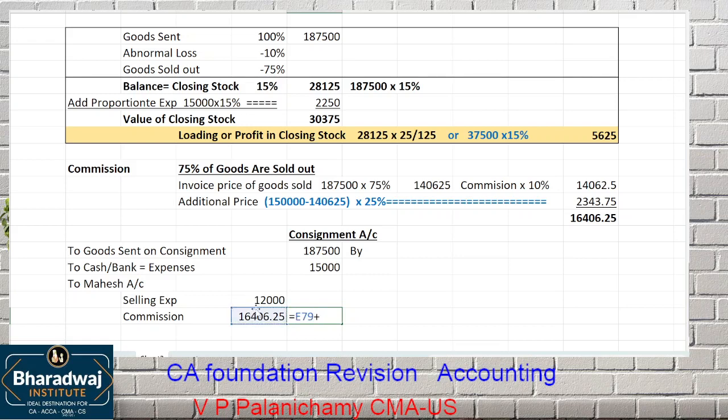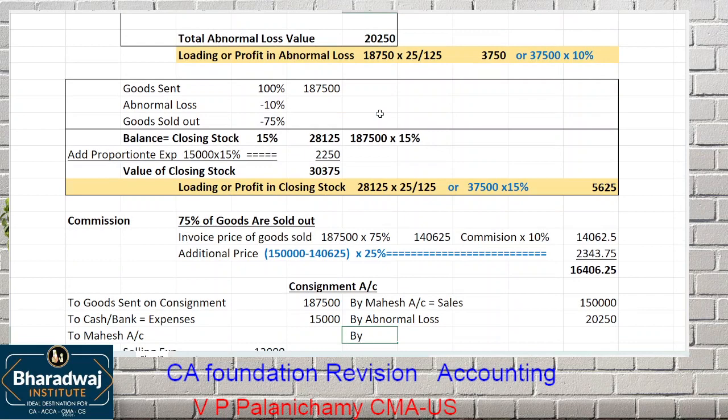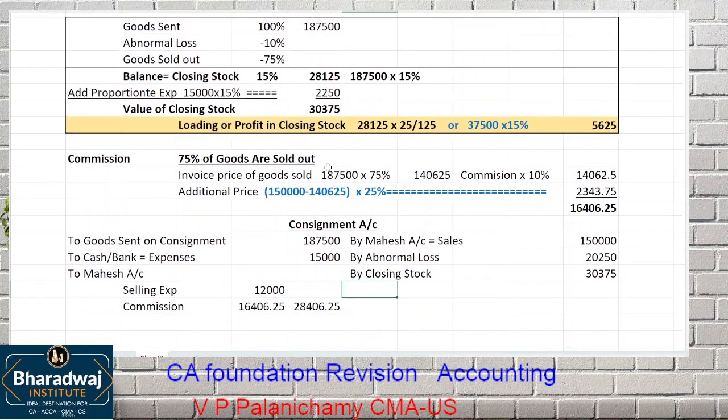No bad debts in this question. By Mahesh account for the sales. What is the sales done by him? 1,50,000. By abnormal loss, we have valued it, including the expenses: 20,250. By closing stock also we valued: 30,375.